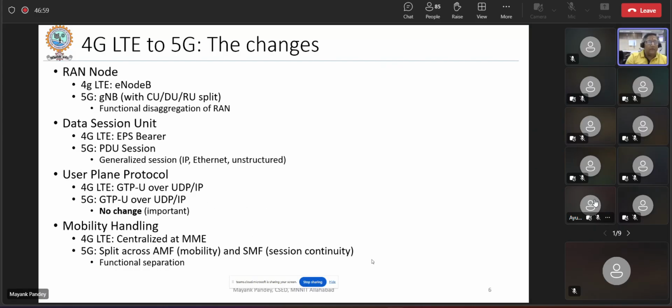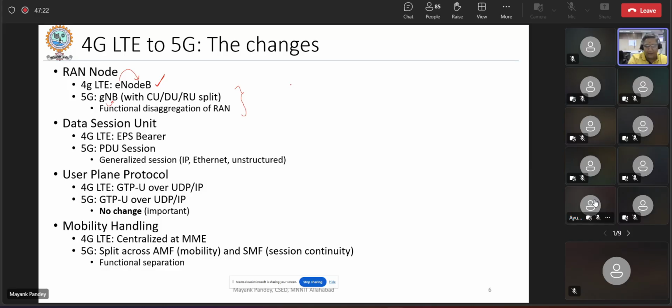Moving ahead, the changes at E node B. We used to call it evolved node B in 4G. Here we call it next generation node B, G node B, or GNB in 5G. Again, there is a big change.